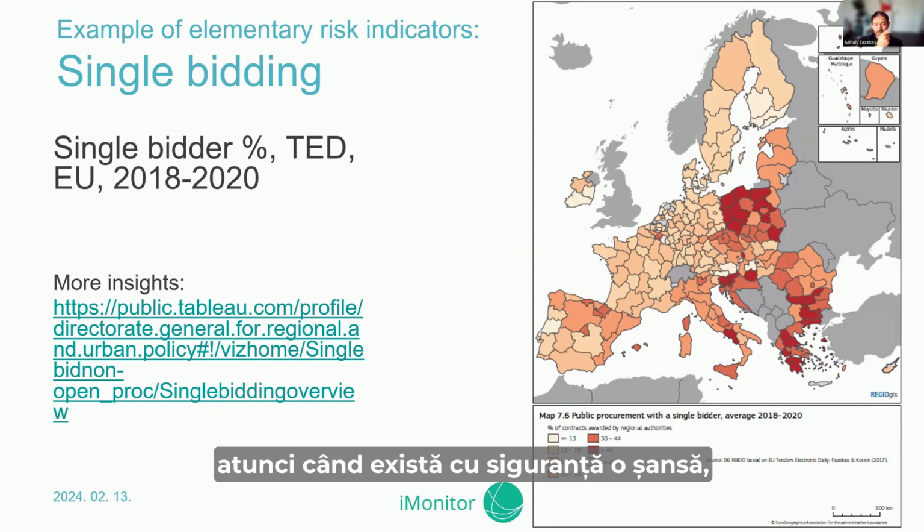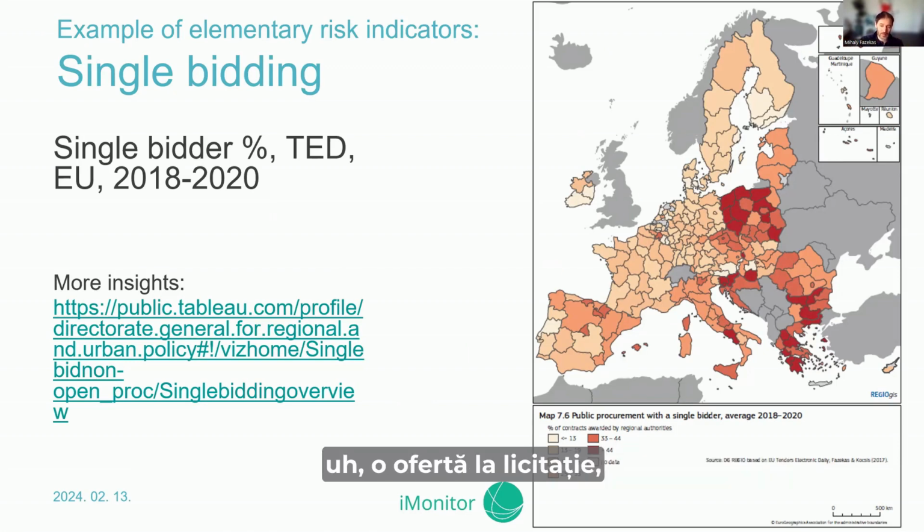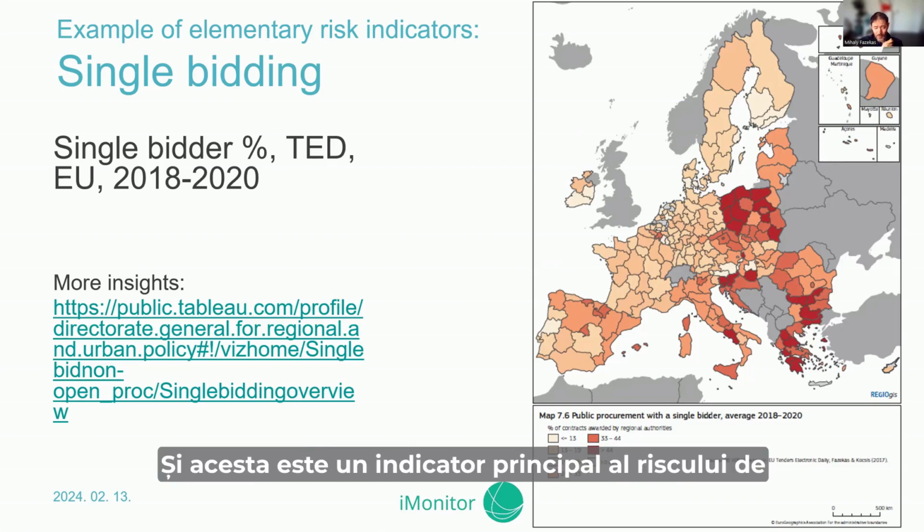So when there is definitely an opportunity for competition, because there are other firms on the market, but only one firm submits a bid to the tender, then this is of particular risk, and this is a core corruption risk indicator for us.